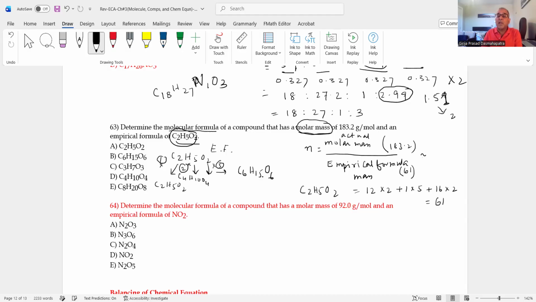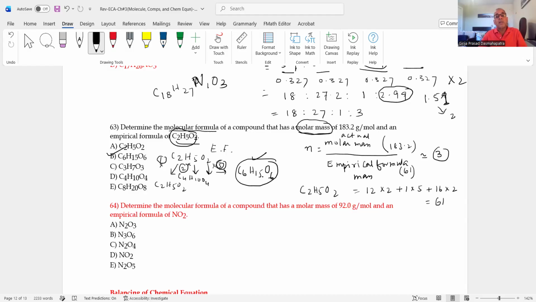If you take this one, the n will be close to 3. So the common factor is 3. So the molecular formula will be C6H15O6. So just to wrap it up, the empirical formula you can find out from the relative composition of the elements present in a compound, and then you need another piece of information, the actual molar mass, without finding out the molecular formula, which is actually what you are going to solve for.